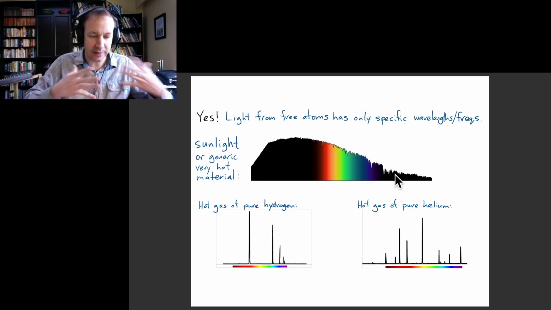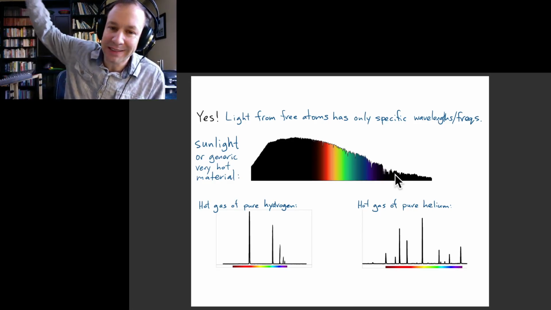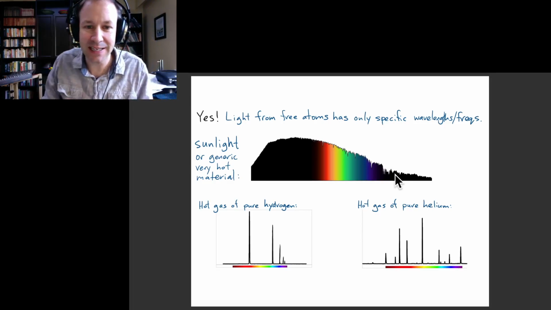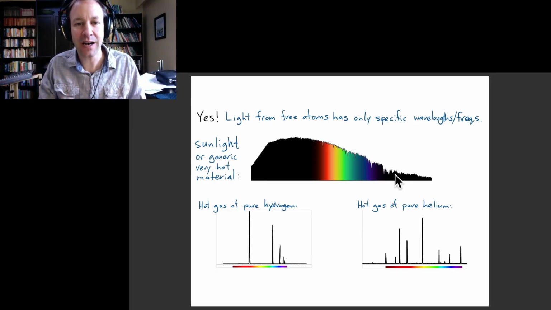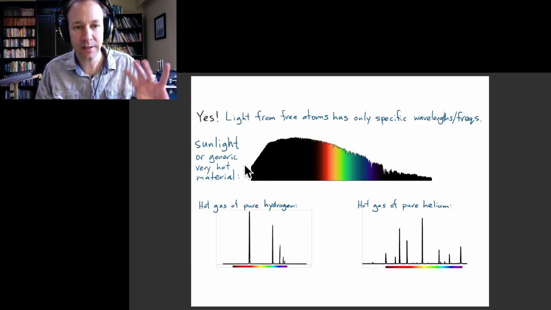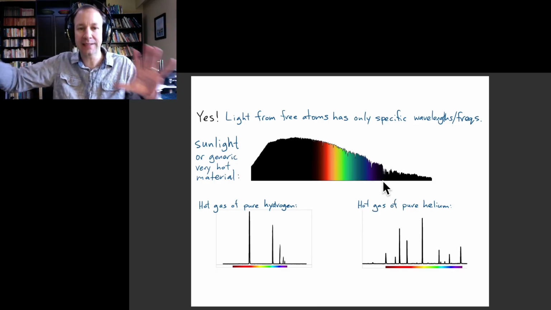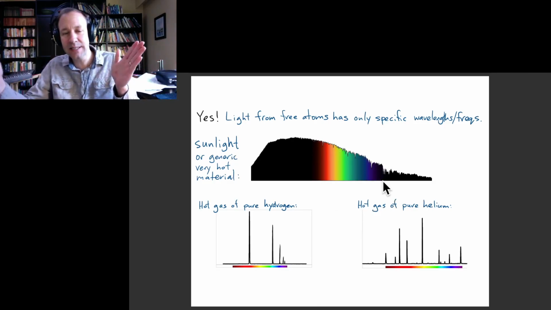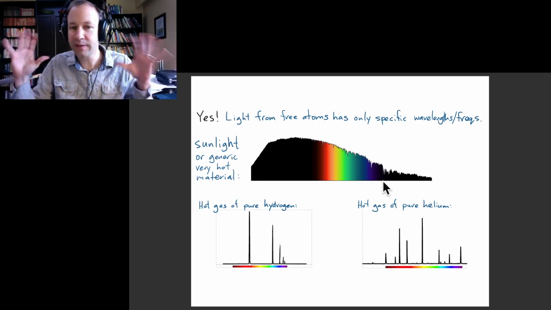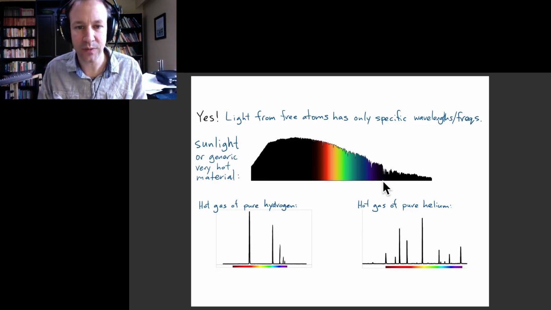For example, a light bulb filament in an incandescent light that's very hot is producing lots of light. If you look at the spectrum of that light, it's light with wavelengths that are continuously distributed over the whole range of visible wavelengths.